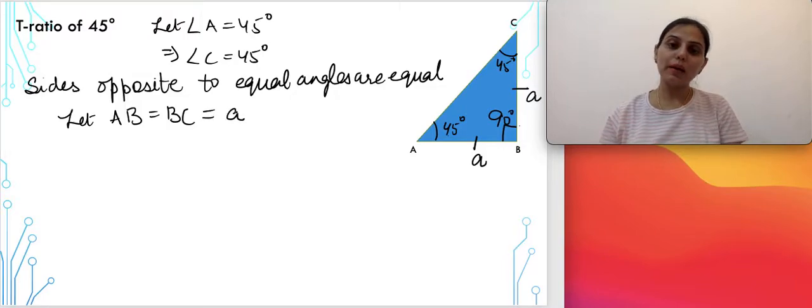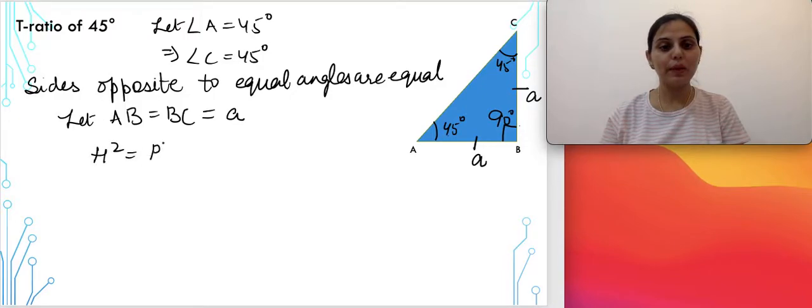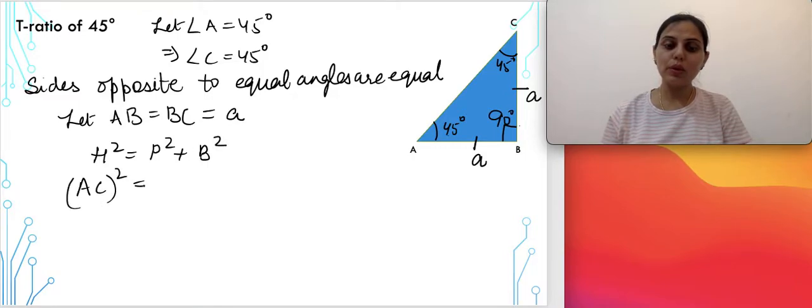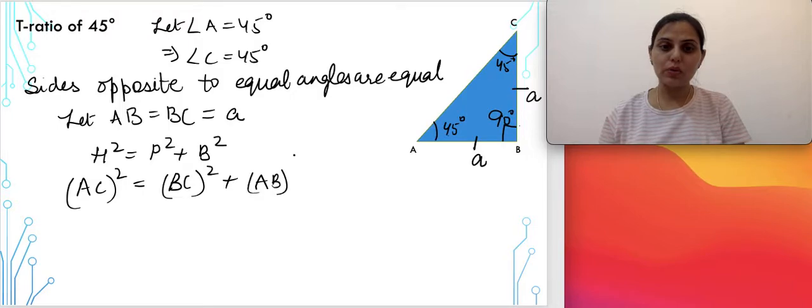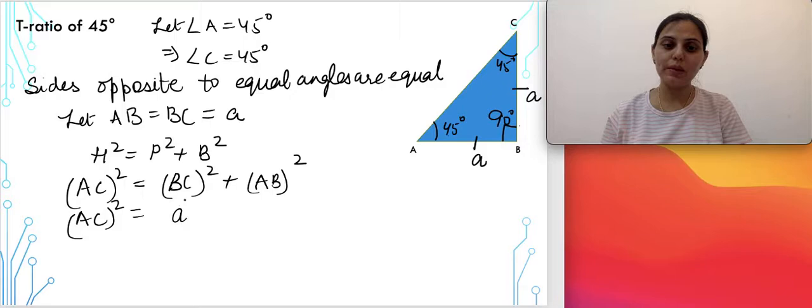So using the Pythagoras theorem, now we can find the value of AC also, and we know by Pythagoras theorem hypotenuse square is equal to perpendicular square plus base square. Hypotenuse square in this case means AC square, perpendicular square is BC square, and base square is AB square. So we put the values. AC square can be written as A square plus A square, or AC square is equal to 2A square.